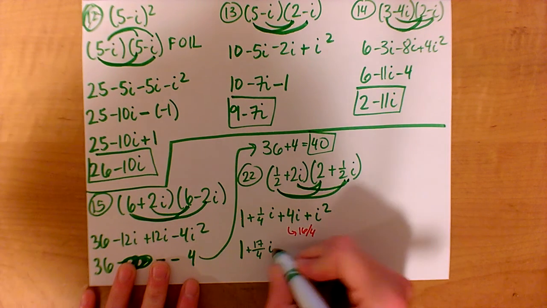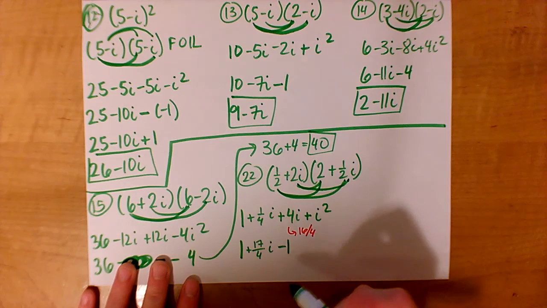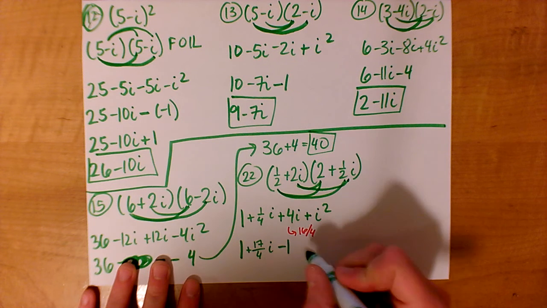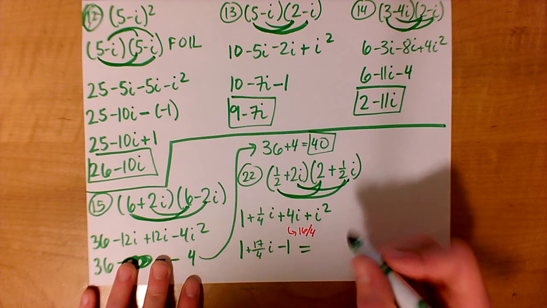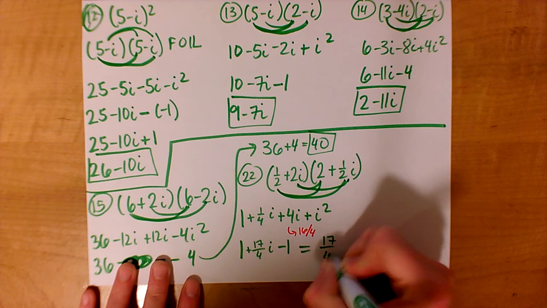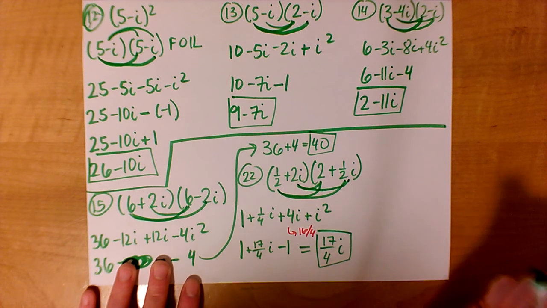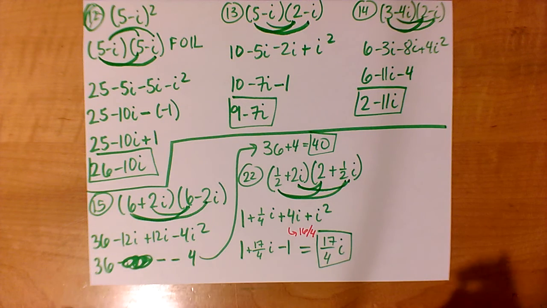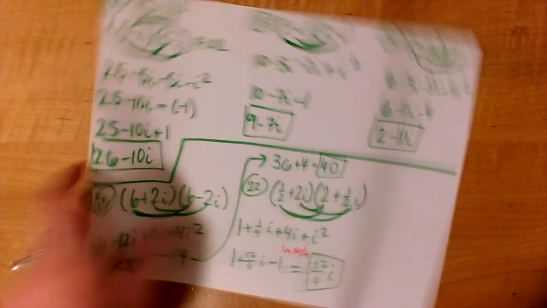And then plus I squared, well, that'll turn into a minus 1. So your answer for number 22, because your 1 and your minus 1 cancel, will just be 17 over 4I. Alright, so that's 22. We can take a look at 23 and 24.